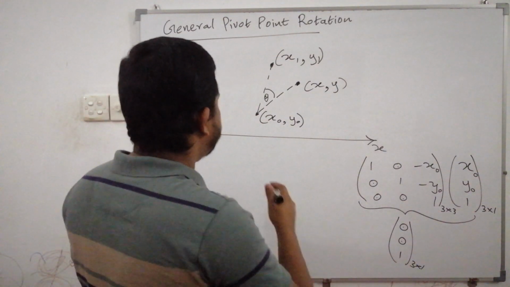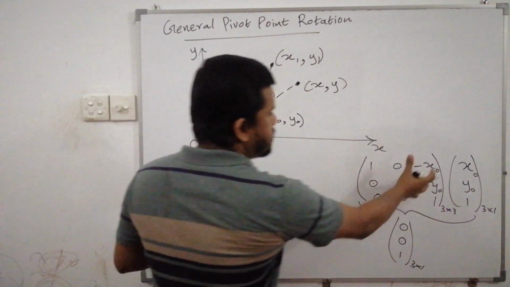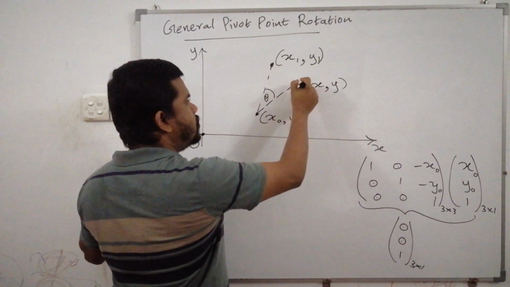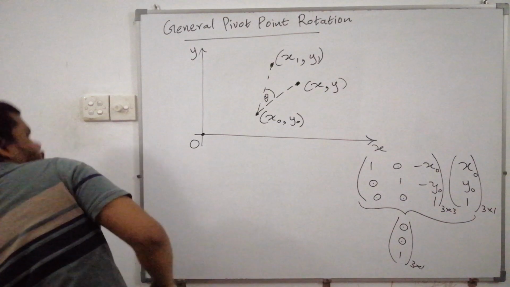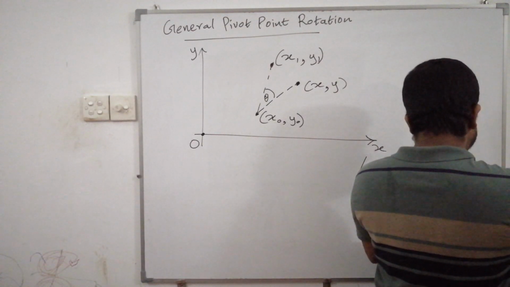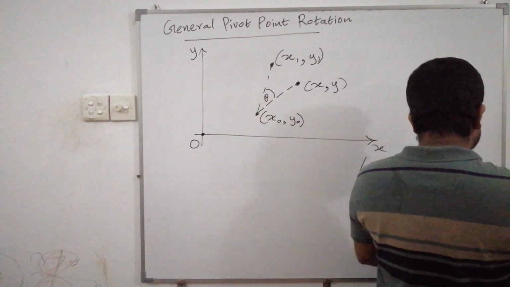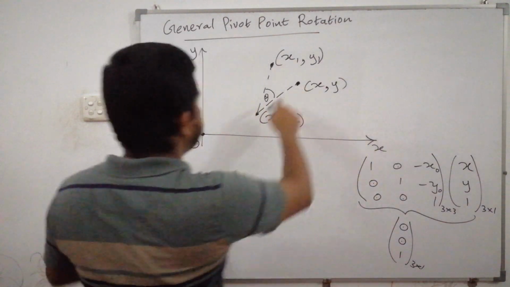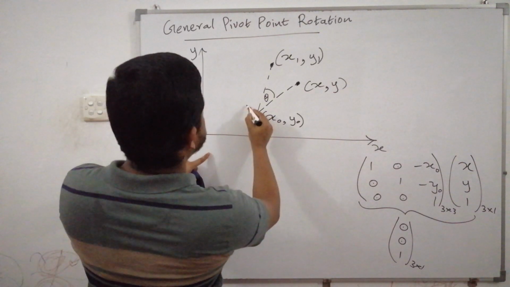No? Therefore, with the same amounts, if we apply it to this point, what do you think? If we apply it to here, we use x and y, then it will come to somewhere here.